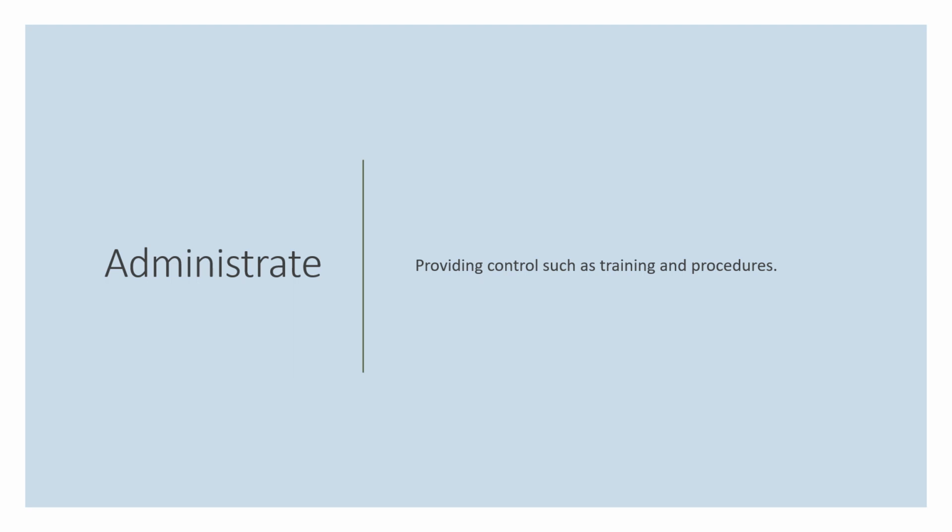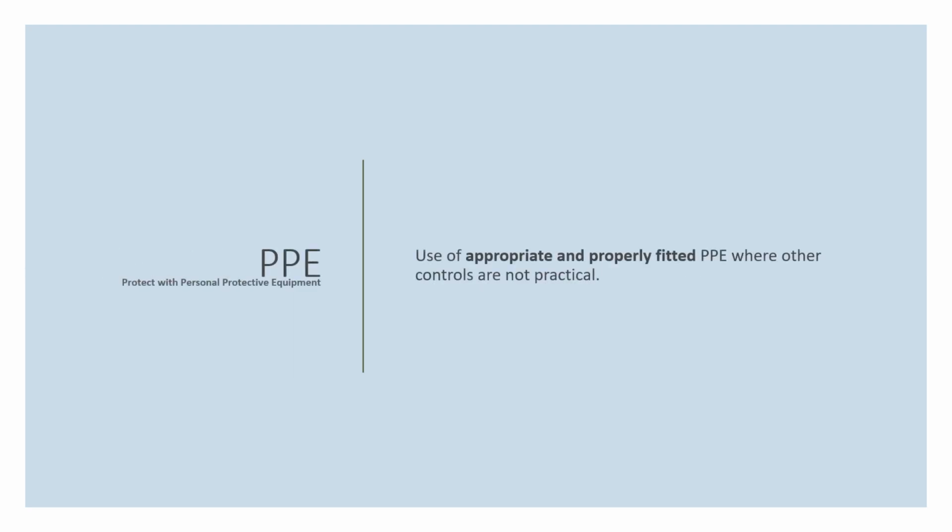Administrative controls provide controls such as training as well as procedures. And finally, we end on PPE, personal protective equipment. Please remember that when it comes to PPE, we need to use appropriate and properly fitted PPE, not just any PPE.